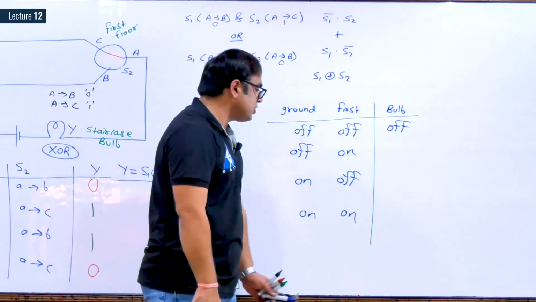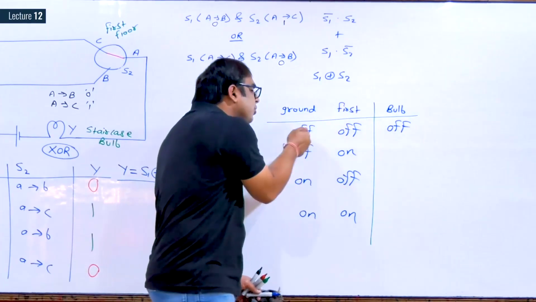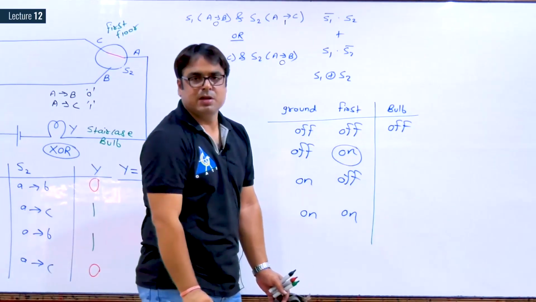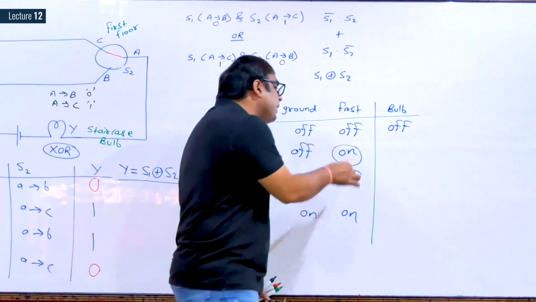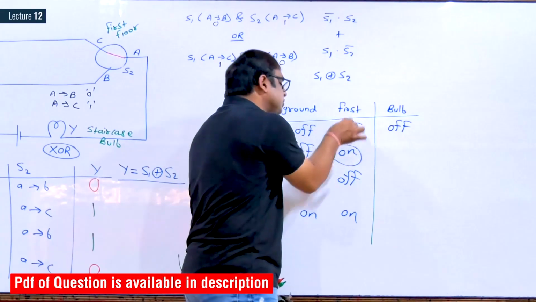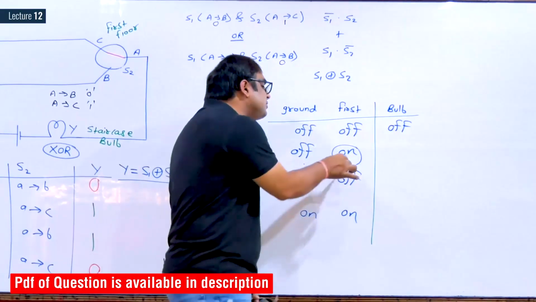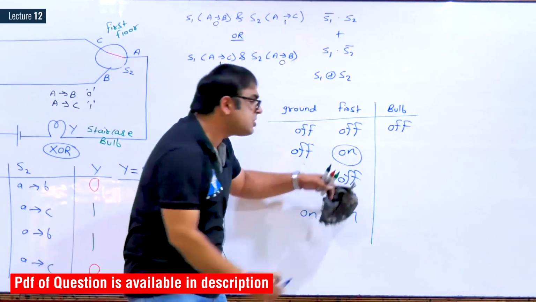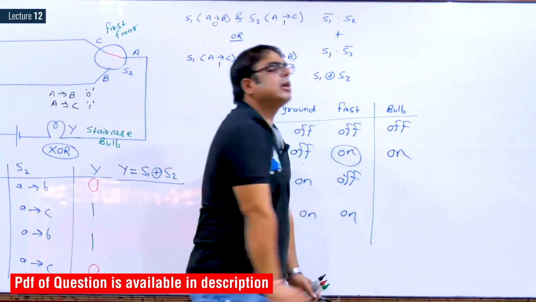Now consider a situation: you are going from the first floor to the ground floor and you have made the first floor switch on. The bulb will turn on.